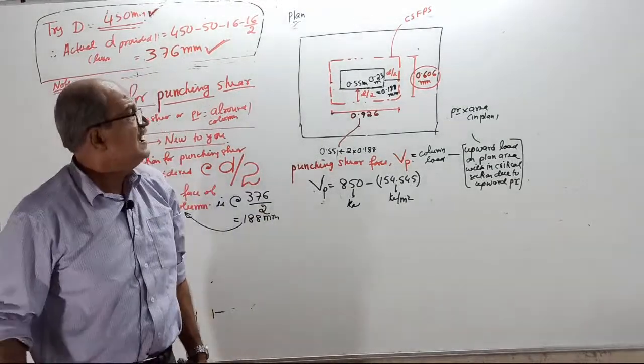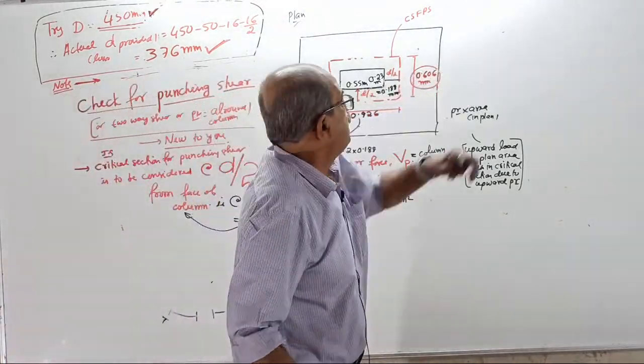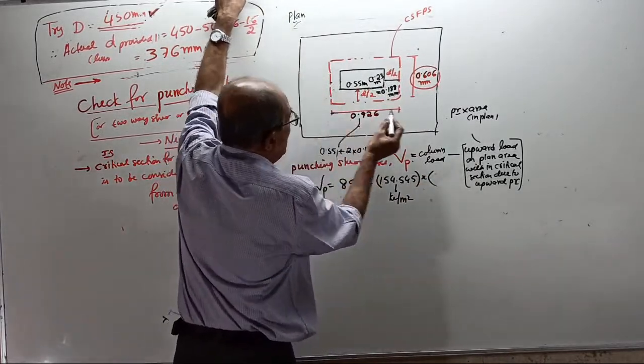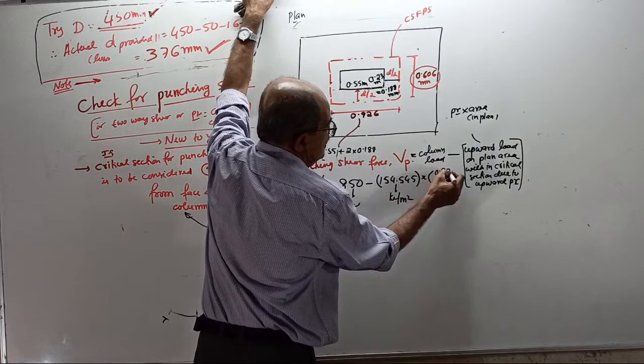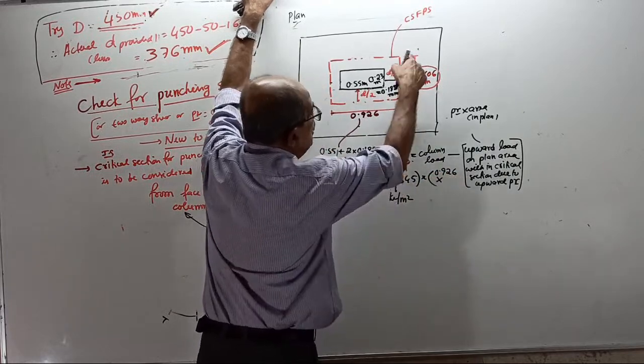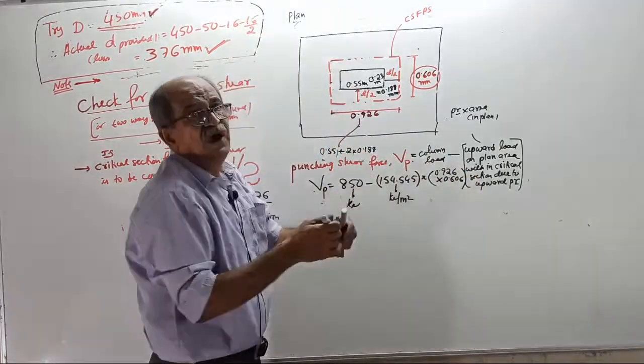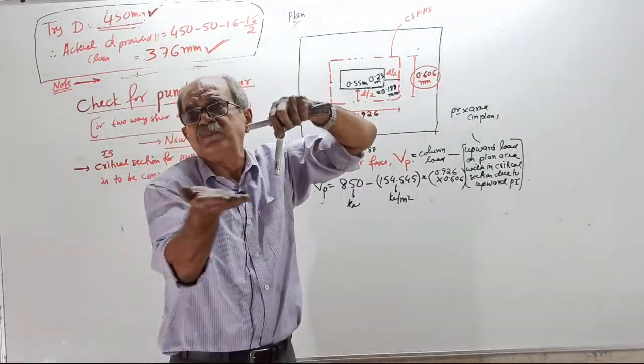Is it correct? 154.545 into area. What is the area? 0.926 into 0.606. This is the plan area, the contact area for pressure.